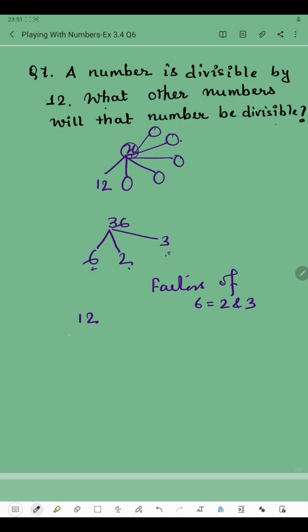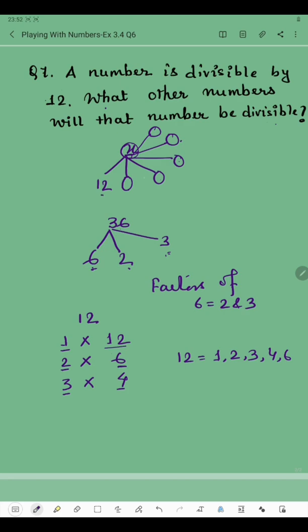Okay. So factors of 12 are 1 12s are 12, 2 6s are 12, 3 4s are 12. So the factors of 12 are 1, 2, 3, 4 and 6. 12 we have not written as 12 is already there in the question.